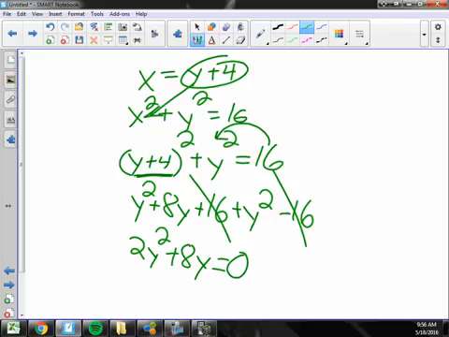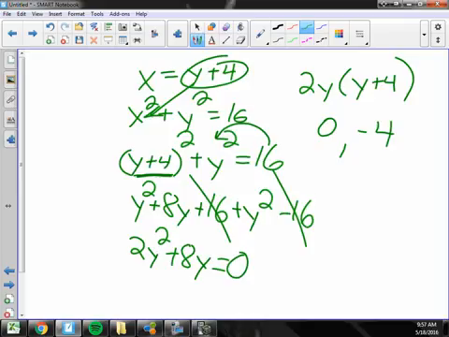Take out a 2y. So 2y times y plus 4. What are the roots? 0 and negative 4. Those are the possible y values. What are the associated x values? Oh, we're done. Okay. Who cares? So the answer is B.